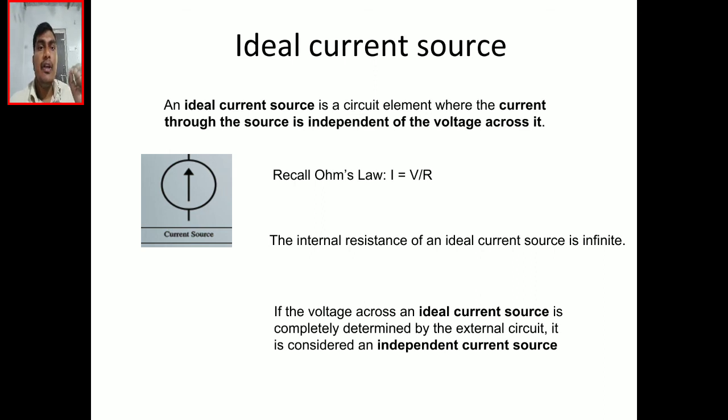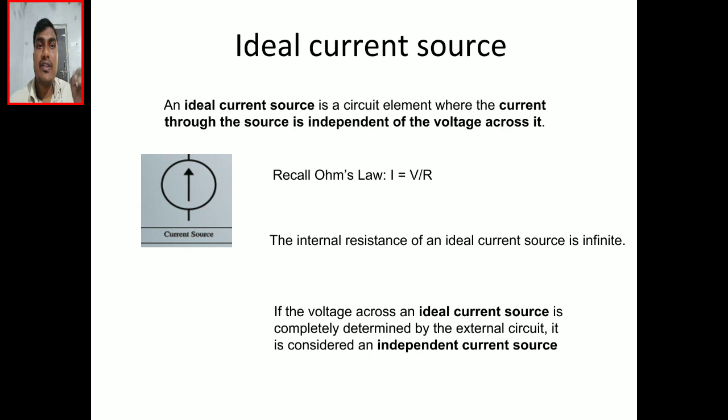In the case of a practical current source, it depends upon the load voltage. It is indicated as an ideal current source in parallel with a resistance. This type of source is called a practical current source.